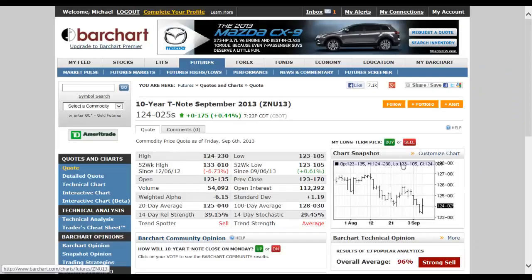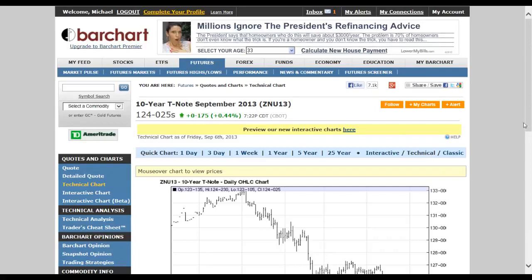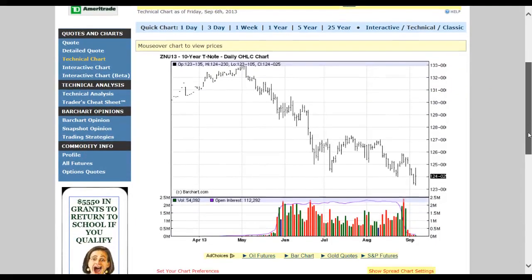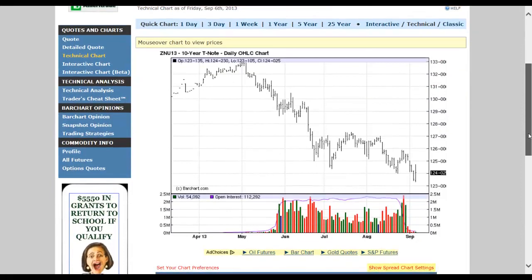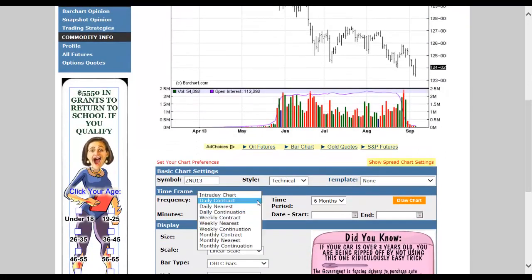Okay, when this window opens up, you're going to go over here to customize chart. Click on that. Okay, and we're going to scroll down just a little bit and make some changes. What we want to be looking at is daily nearest.